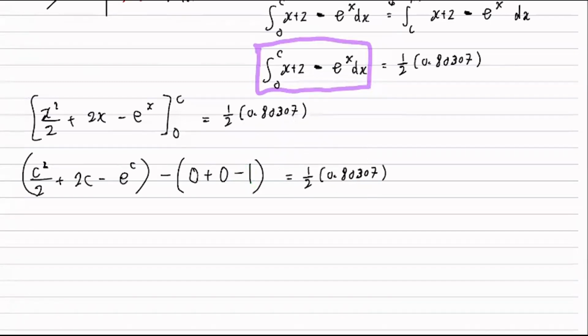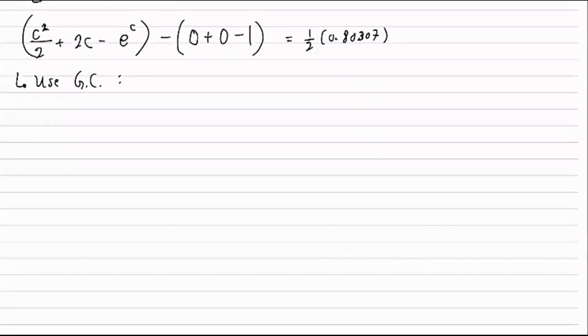Then you just try to solve for C using the GC. No choice. You cannot solve when C is in a power here and algebraic here. You cannot solve for C manually. Use the GC. How? Let me demonstrate a bit. Have you copied down this function? We're going to graph y1 equals c squared over 2 plus 2c minus e power c minus 1, and y2 equals half times whatever.